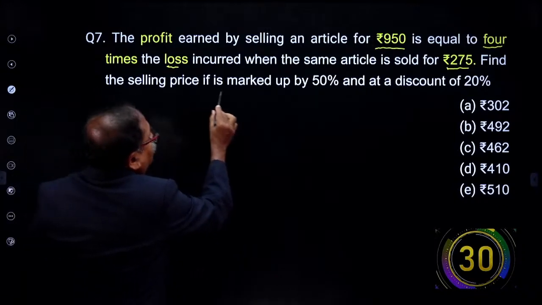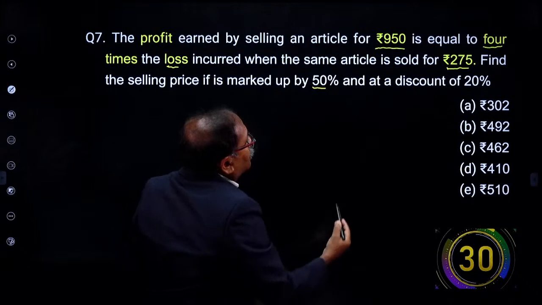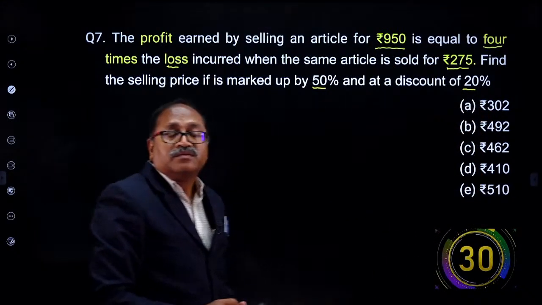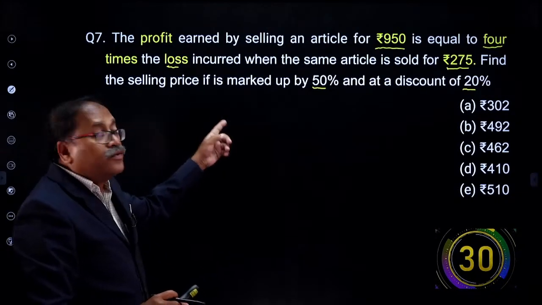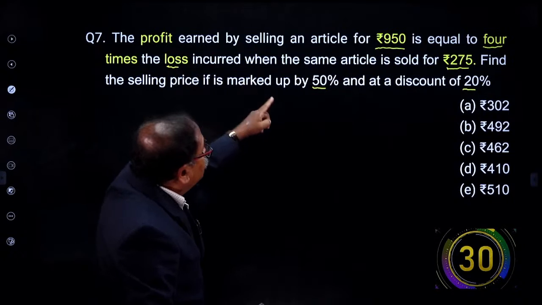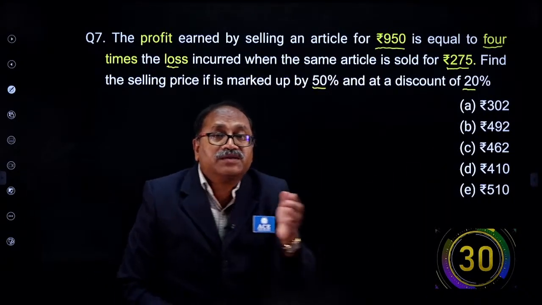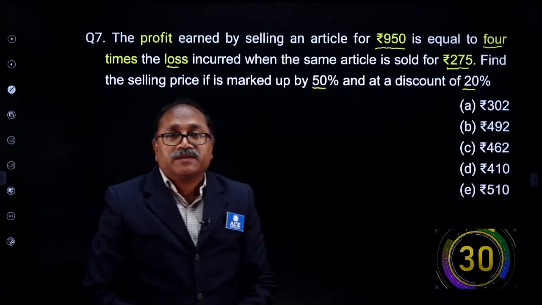What is the selling price if the mark price is 50% and the discount is 20%? So find the selling price if it is marked up by 50% and 20% discount is given. In that case, what will be the selling price?